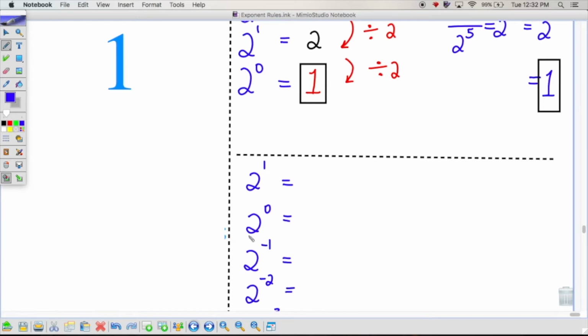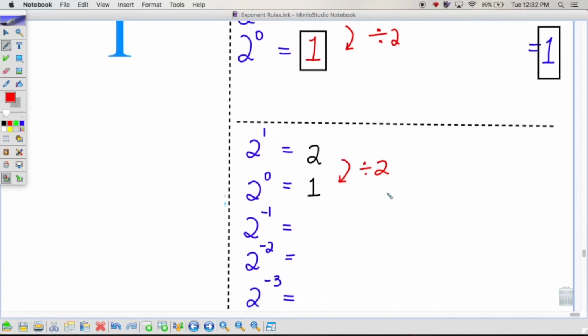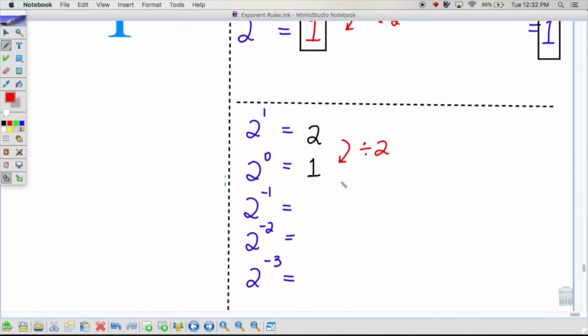Okay, so we said that 2 to the 1st power was 2. What was anything to the 0 power? 2 to the 0 power is 1. So I'm going to continue this pattern. What am I going to keep doing? Anytime I take away an exponent, I'm doing the opposite of multiplying by 2, so I am dividing by 2.